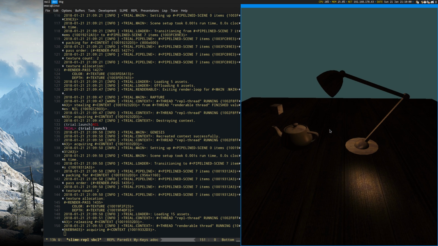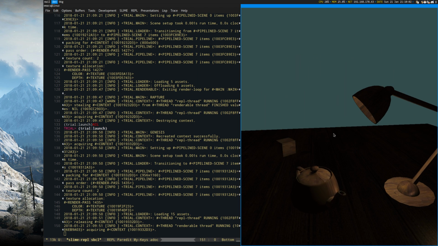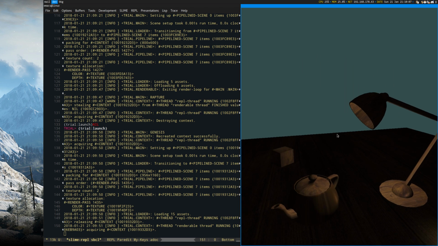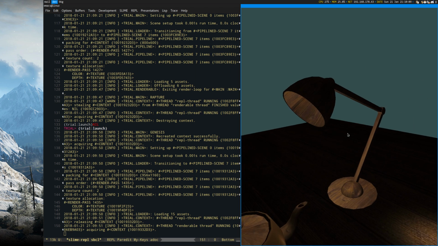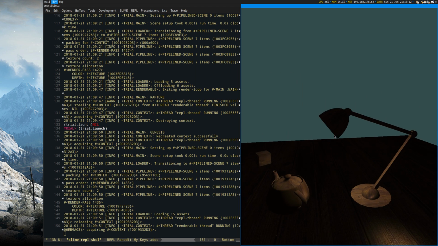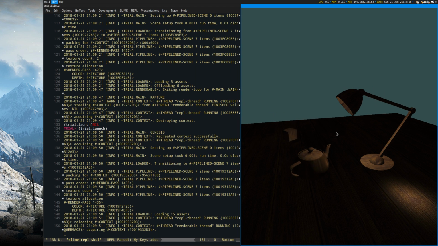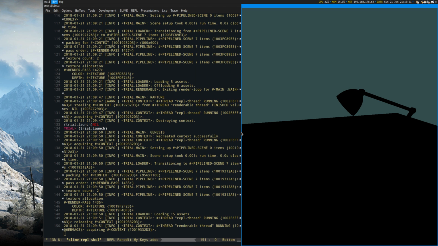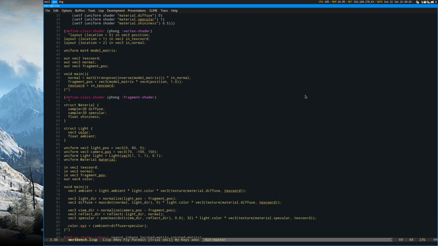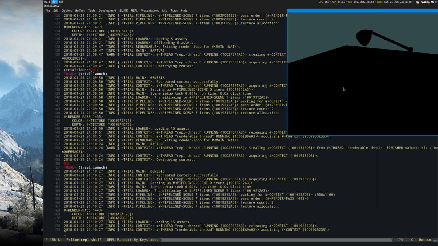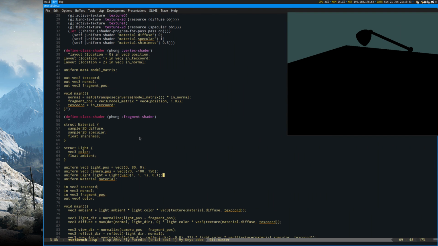Beautiful. So weird. Nice. Yep, and it's gone. Why? Do I need to set the uniforms all the time again for some reason?